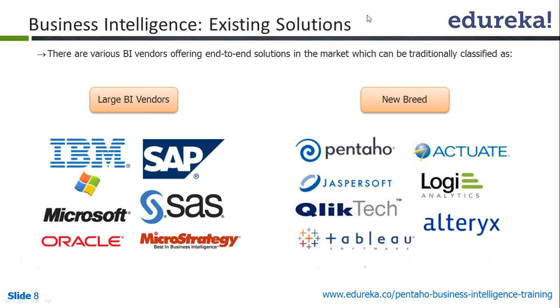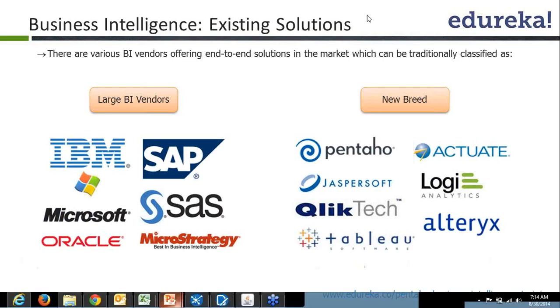Here we can see the existing solutions available in the market for an end-to-end BI solution. We have some large BI vendors like IBM, and we have heard of SAP BI and SAS BI. These are the big vendors, and of course the cost associated with them is very high.